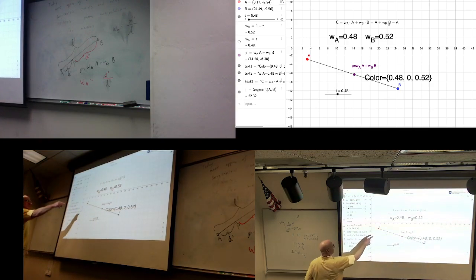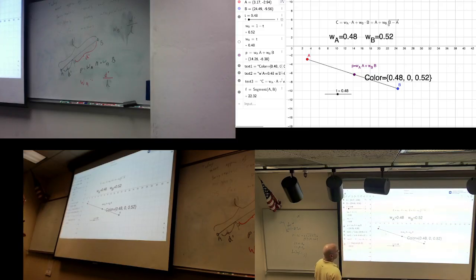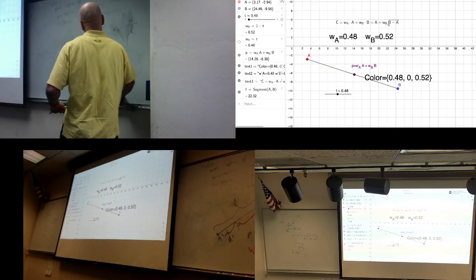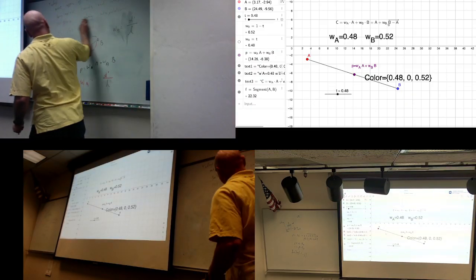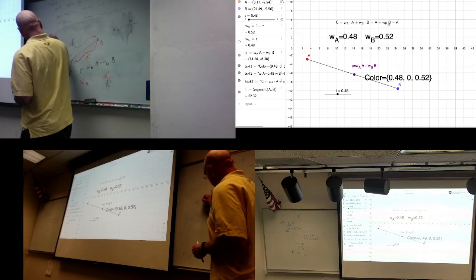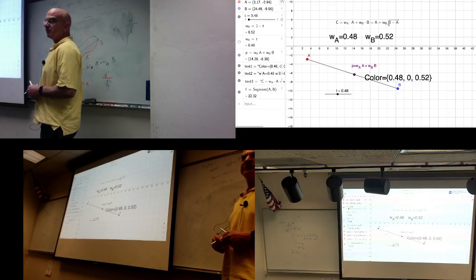I can write C in this way, but I can also write it in the following way. C, the very same C, equals A. Think about A as a vector.